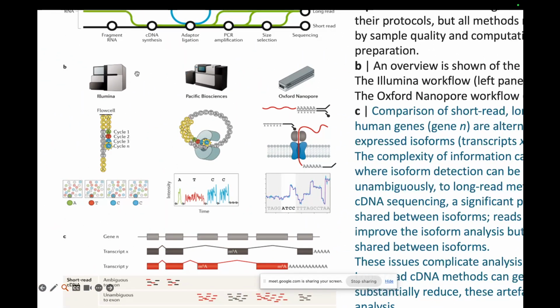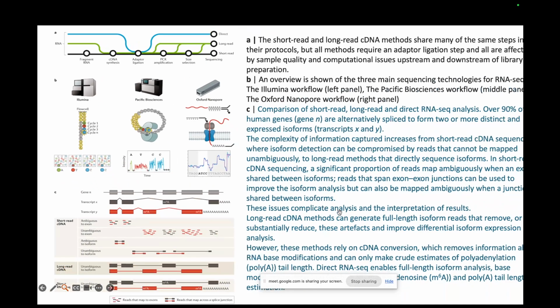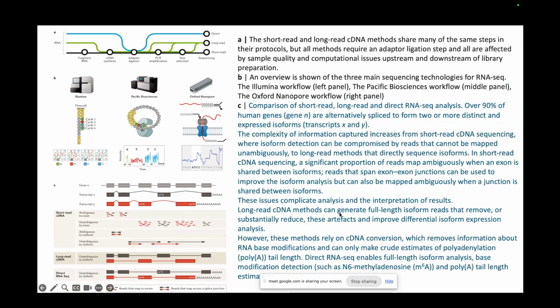So three main sequencing technologies are shown here. This is your Illumina sequencing, if you remember. You have bridge amplification and hybridization, and in each cycle you capture the base that is getting read at that position. For PacBio and ONT, you remember we check for ion current changes due to the passing of the nucleotide at the pores and so on, right?